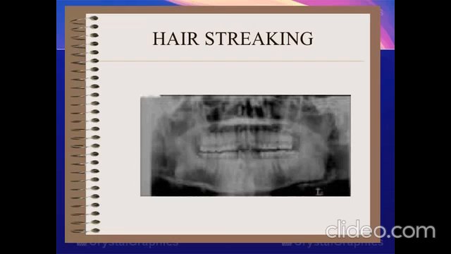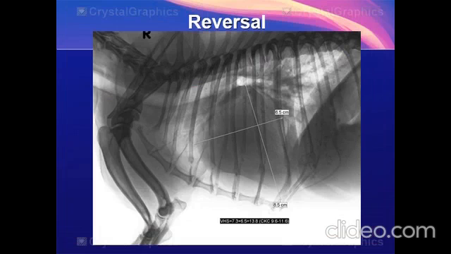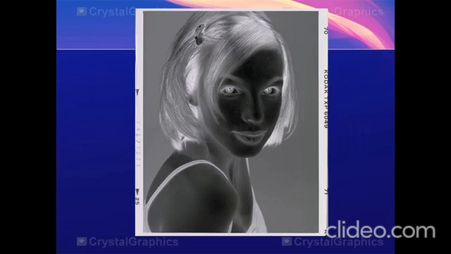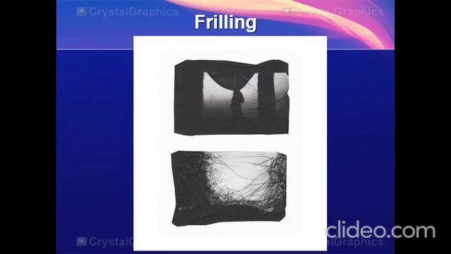Hair streaks, kapag hindi napusod yung buhok, especially ng babae, nakikita siya. Reversal, so yung bones na dapat puti, nagiging itim, and yung tissue na dapat black or dark, nagiging puti. Ganyan, reversal artifact.